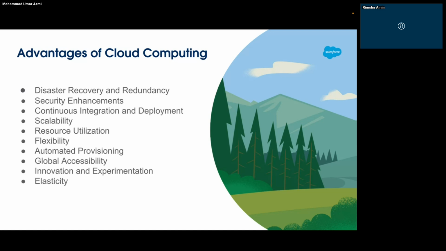Okay. Let's deep dive into the advantages of using cloud computing. If we have all the traditional ways, why did we want to use cloud computing, how did it come into existence, and what makes it better than the traditional IT services? So, first of all, that is called disaster recovery or redundancy.